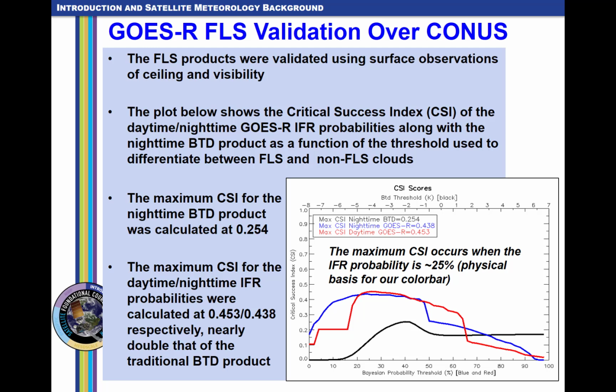GOES-R IFR probability is statistically superior to brightness temperature difference fields in predicting IFR conditions. You should already know why that's the case. If high clouds block the view, IFR probability can give a good signal based on the model data. If stratus is elevated, IFR probability will screen out the regions based on model data. Both of these examples will lead to better statistics for GOES-R IFR probability.